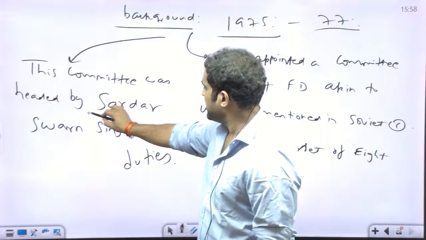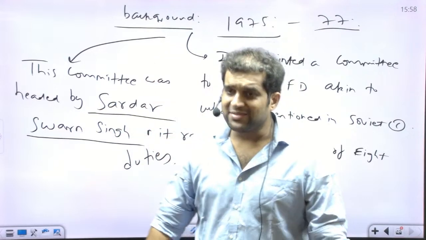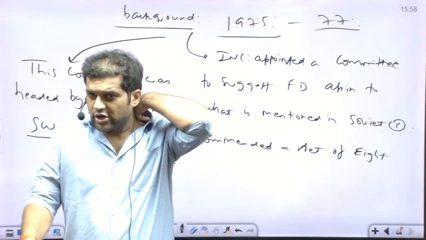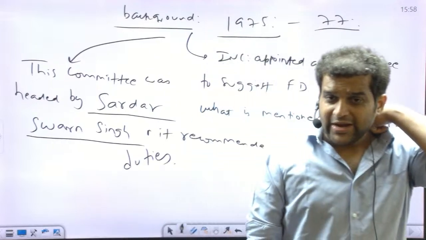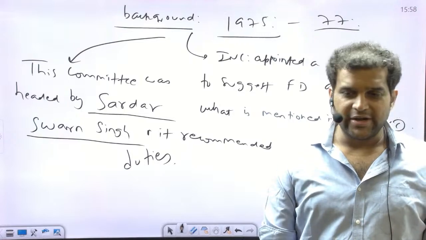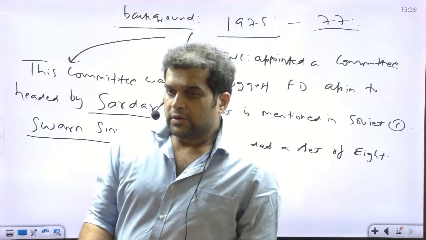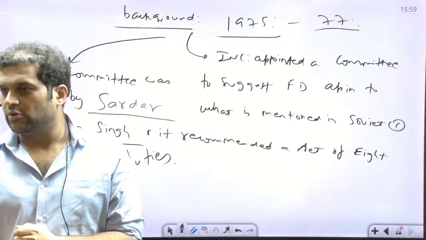This committee was headed by, remember this name, Sardar Swaran Singh. And hence this committee is also known as Sardar Swaran Singh Committee, or in short Swaran Singh Committee. Got it? And it recommended how many duties to the government? 8. It recommended a set of 8 duties to the government. But not all of the duties were accepted by the government.